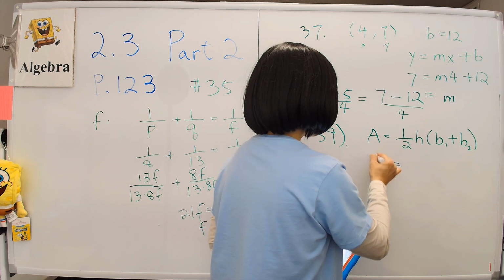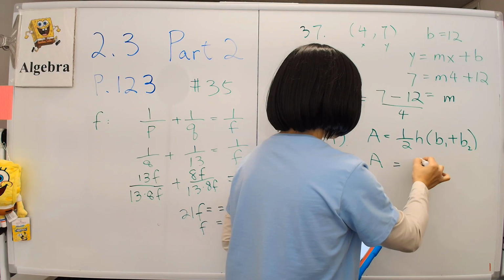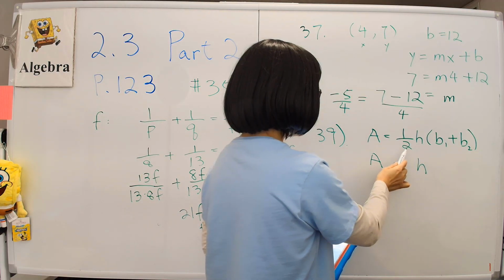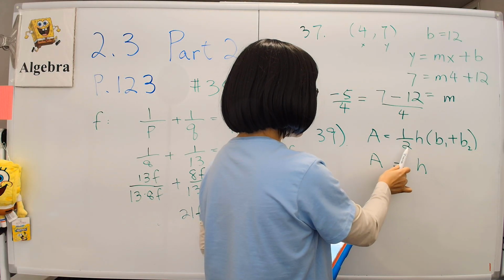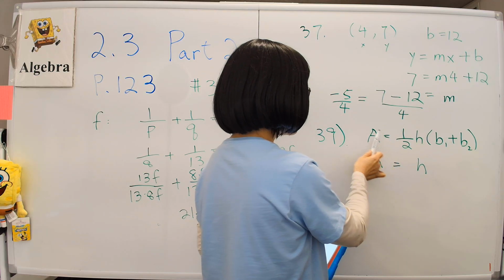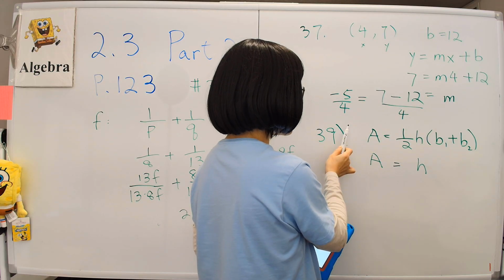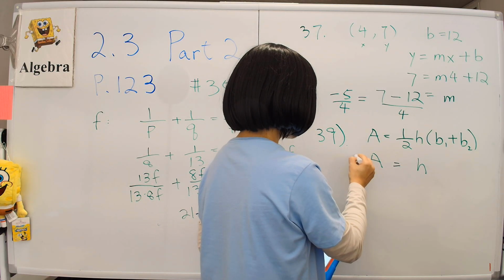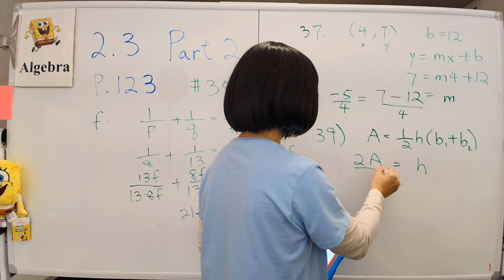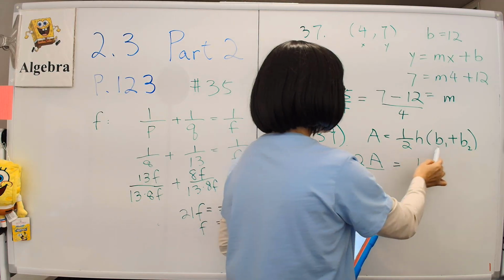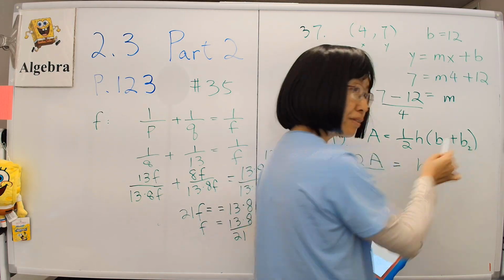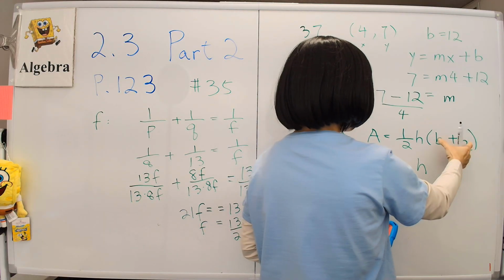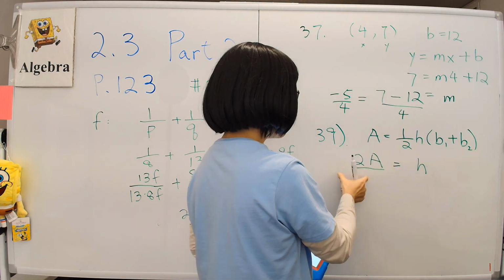So a is still here, h is here, and there's a division here. Anything that's division, we will move it across the equal sign, move it up like this. So the 2 goes up here. Here's the division line. And then anything that's being multiplied, this whole thing is being multiplied, so we'll kick this entire chunk across the equal sign below.